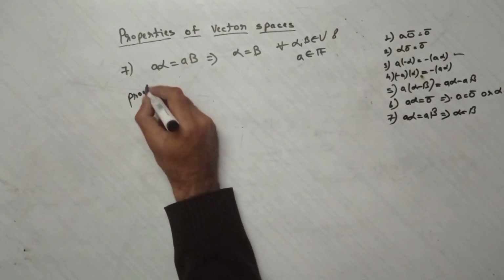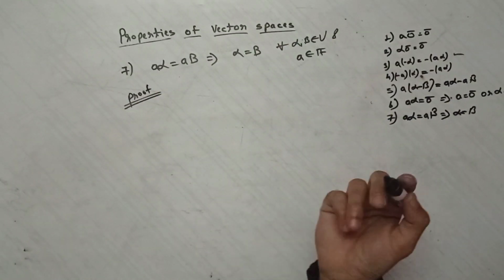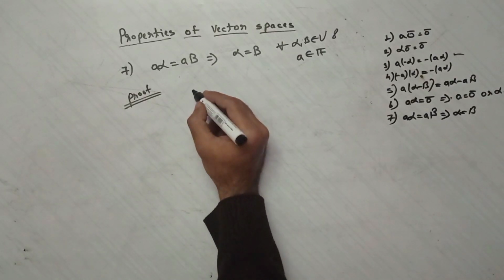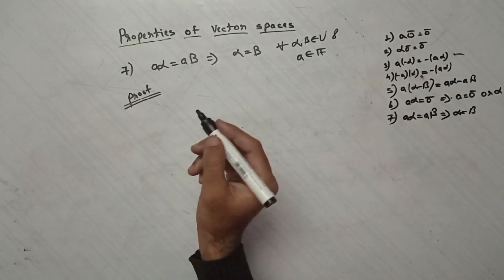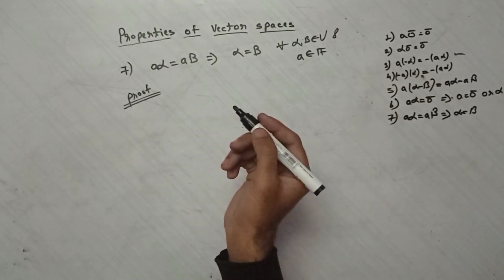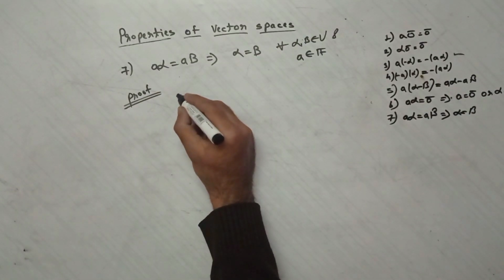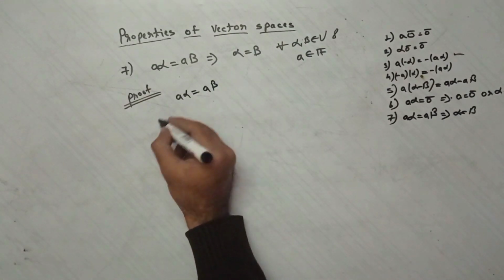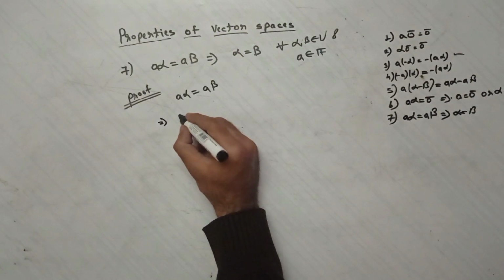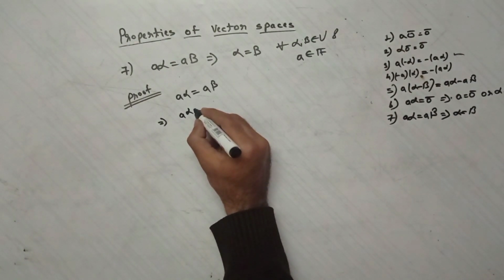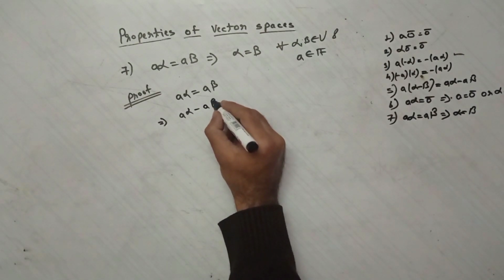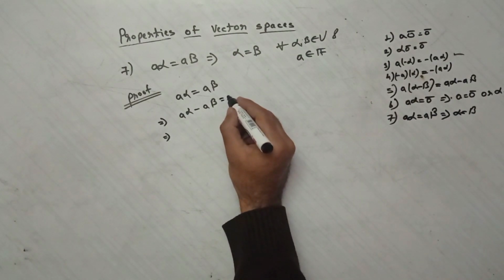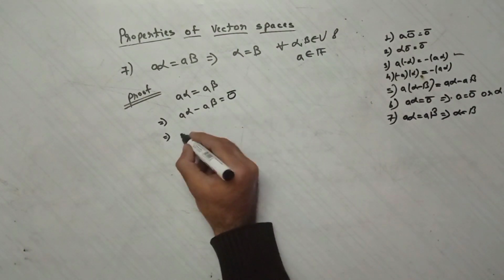Proof. For proving this, we use the above proofs. We have a alpha equals a beta. By shifting it, we get a alpha minus a beta, which equals the 0 vector.